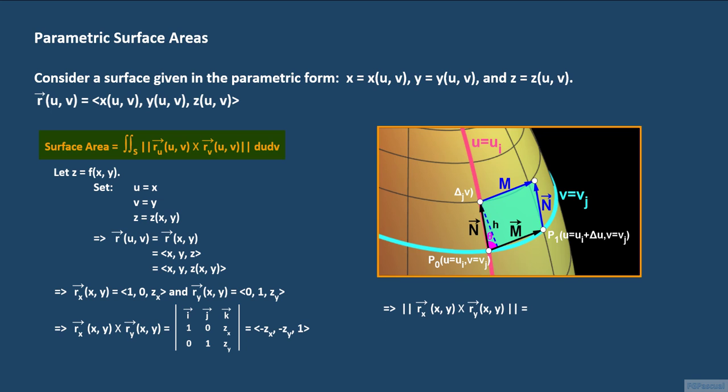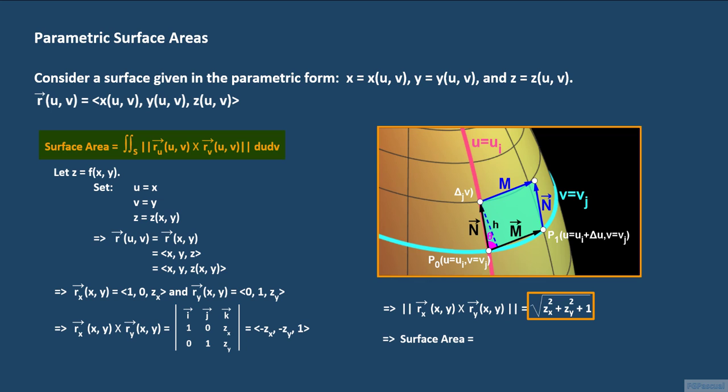The magnitude of this cross product is the square root of the square of z sub x plus the square of z sub y plus 1. And now we have the integrand for the surface area double integral when z is given as f of x, y.